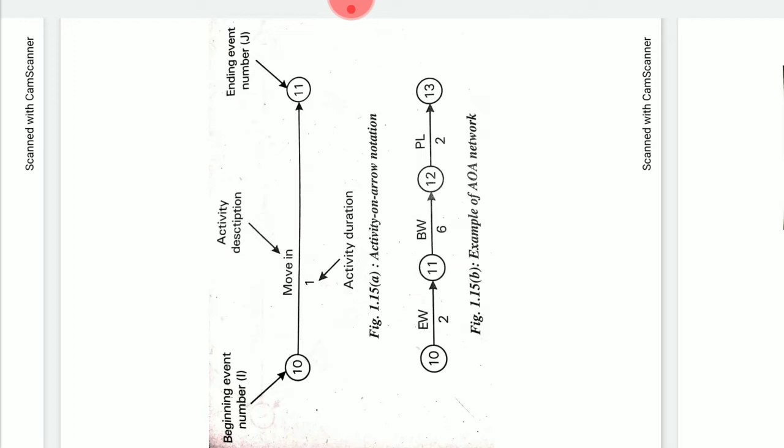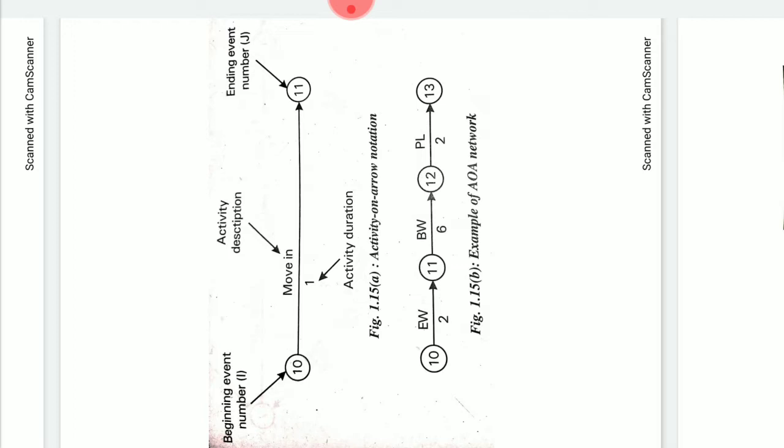When drawing such a network, it should be remembered that each activity has a unique pair. Thus, a representation of the form given in figure 1.15, where two activities have the same pair, is not valid. However, several activities can start at the same node or end at the same node as shown in the figure, which are both valid representations.